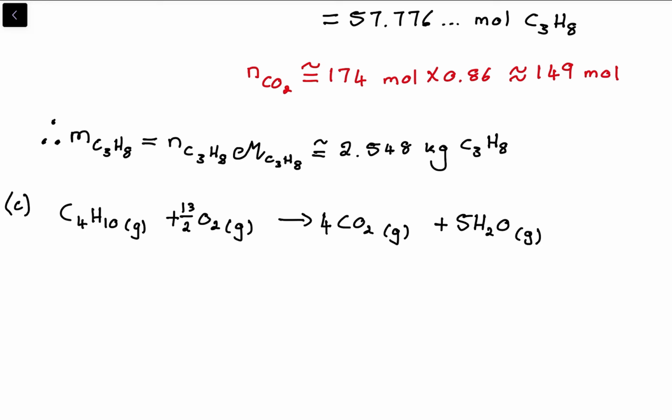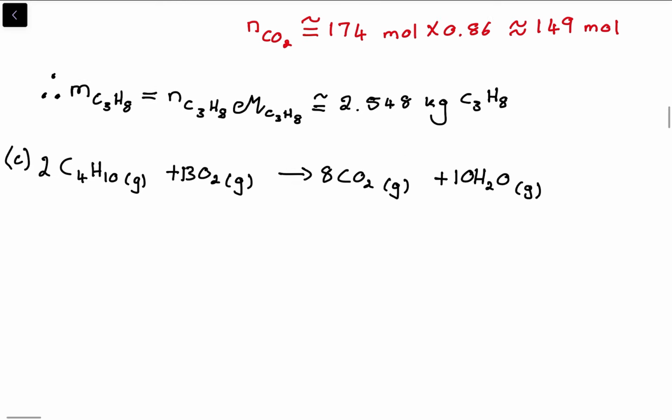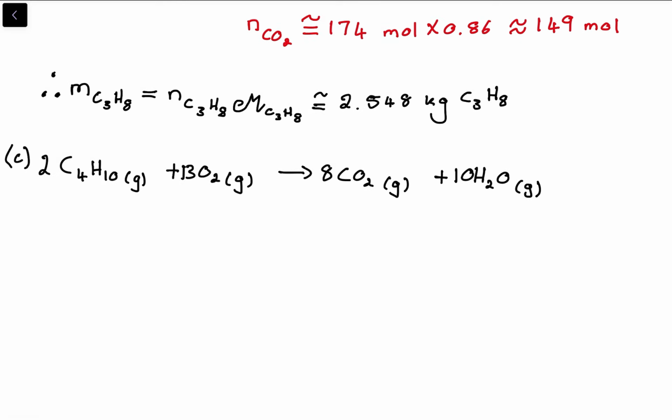Then you multiply the entire equation throughout by 2, to get rid of the fraction. So we just multiply everything by 2. So all of these stoichiometric coefficients are going to double. So then it means 2 reacts with 13, gives 8 and 10. Okay, so that's how we balance it.